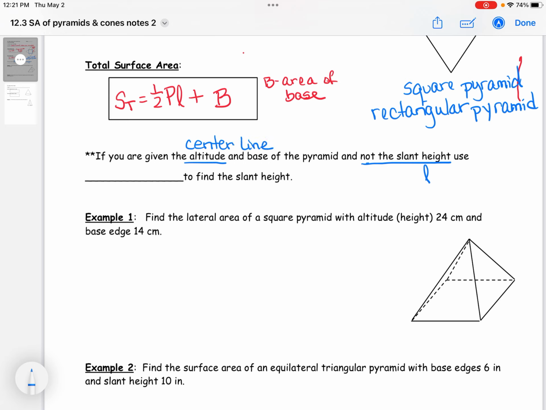And if I have the altitude, which goes through the pyramid, and I have the base of the pyramid, then I can use the Pythagorean theorem.